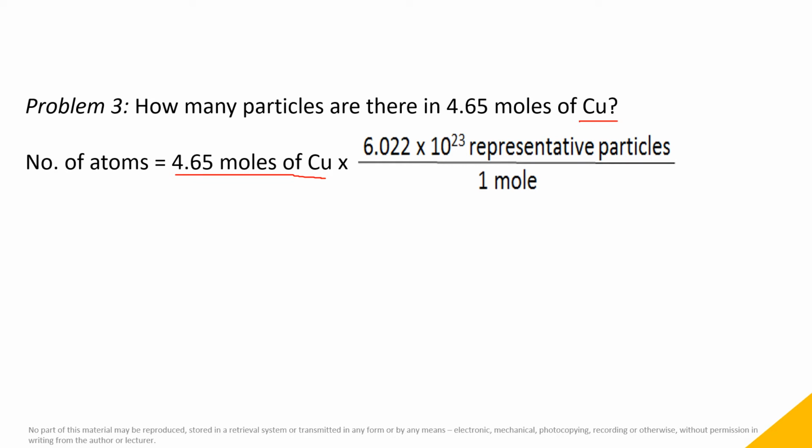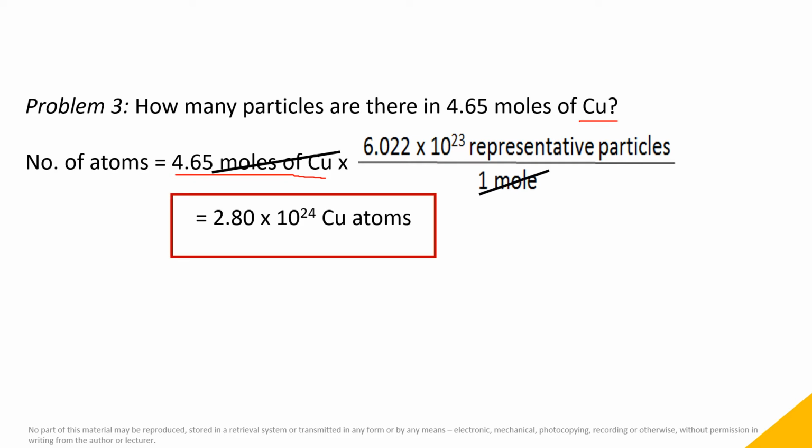So 4.65 times 6.022 times 10 raised to the 23rd power representative particles. We're going to cancel out the units, and the answer would be 2.80 times 10 raised to the 24th power copper atoms.